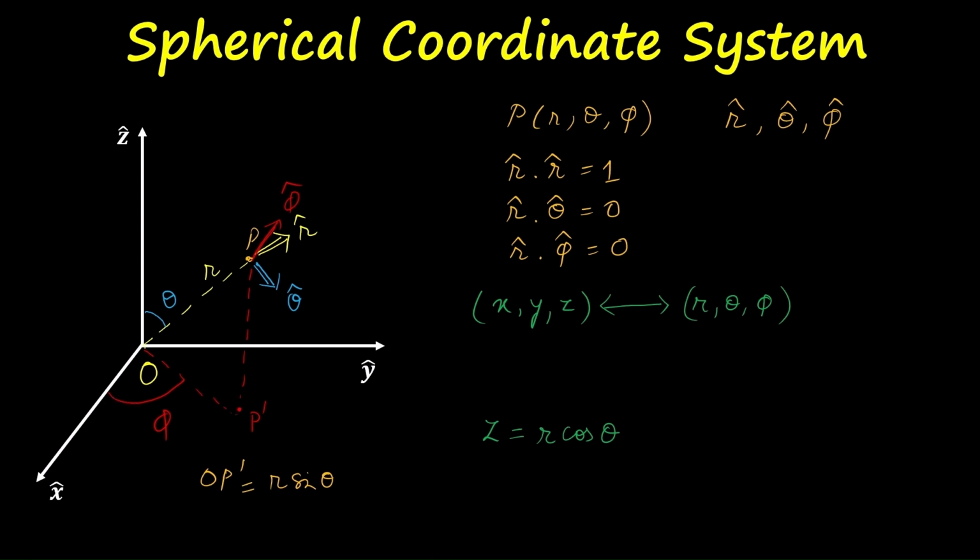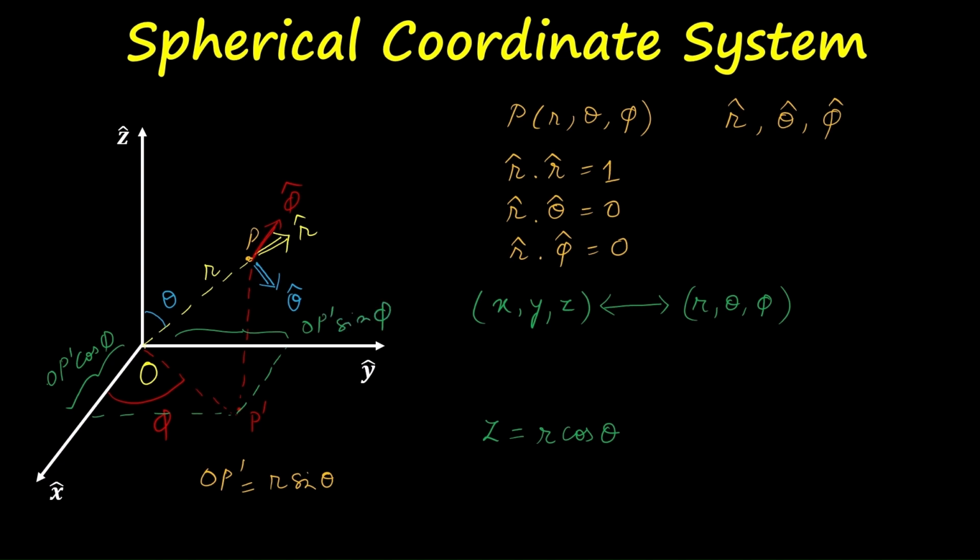So if I take this projection, this is what I'm talking about, then this will be equal to OP prime cos phi. And if I take this projection on the y-axis, then this will be equal to OP prime sine phi.